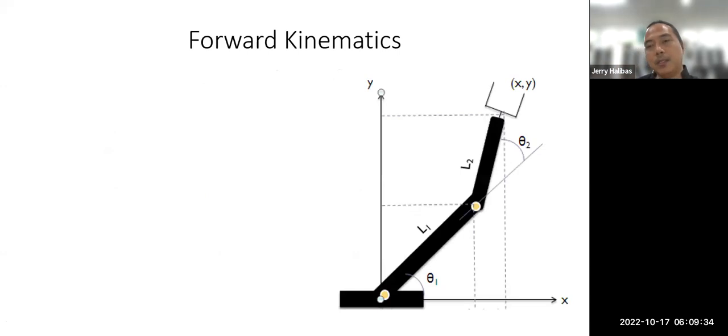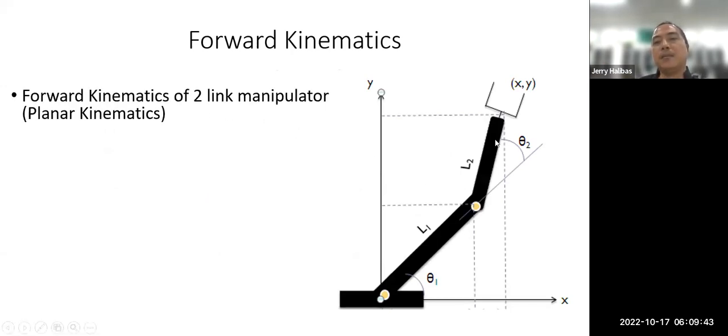Okay, so for example, we have here an examination drawing. This is a two-link manipulator, not the same as the Mitsubishi. Okay, there are only two, link 1 and link 2. And it's planar kinematics, meaning only XY. It is moving in a plane, a flat surface.